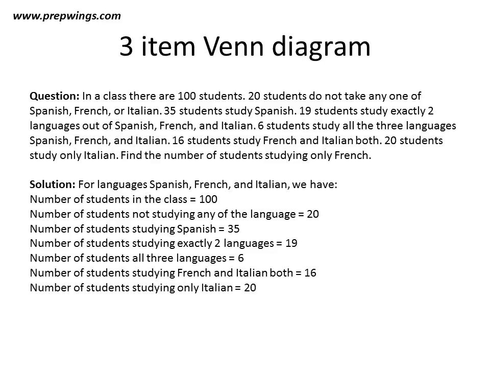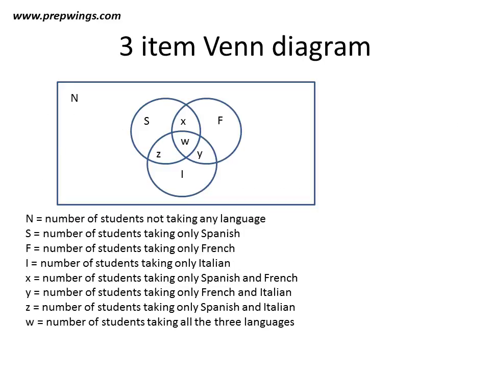Now we'll create a Venn diagram for this. So now if you look at it, we have 3 circles because we have 3 languages. Over here N represents the number of students not taking any languages. S represents number of students taking only Spanish. F represents number of students taking only French. I represents number of students taking only Italian.